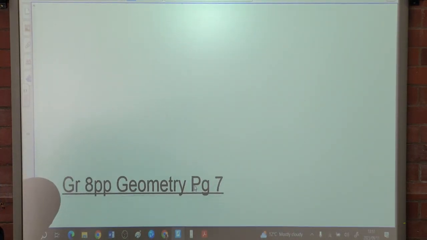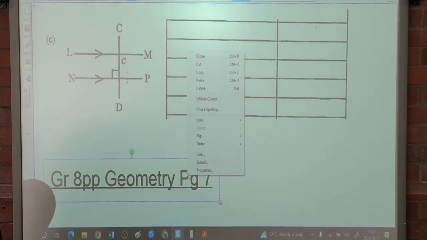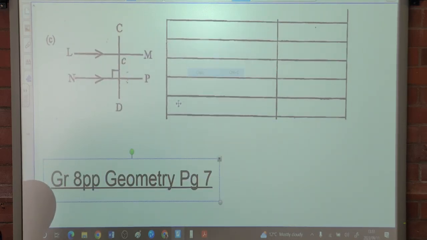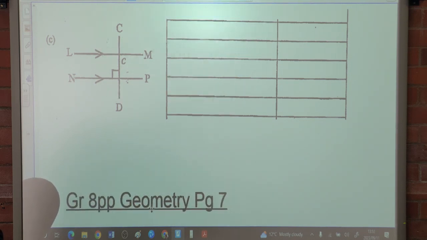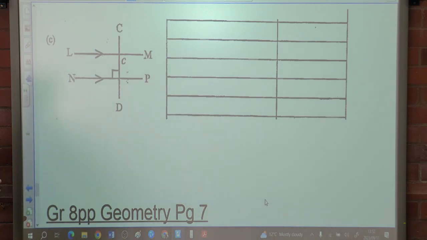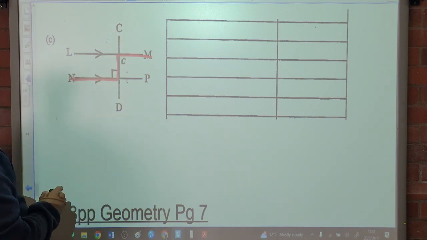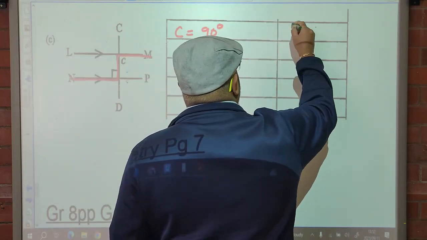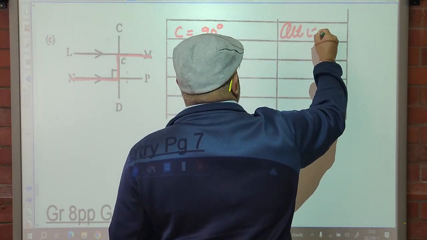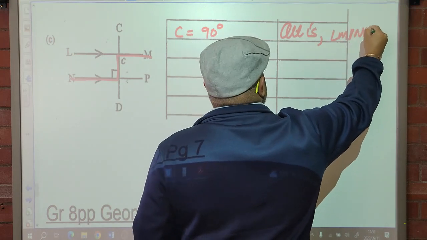Okay, the next one. What do you notice here? Again the Z being formed here, not so? So C is equal to 90 degrees. Why? Alternate angles with LM being parallel to NP.